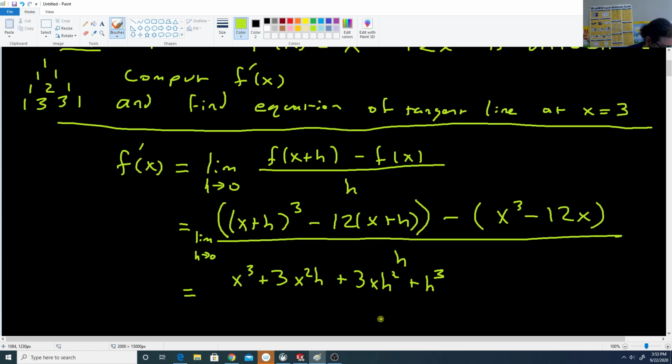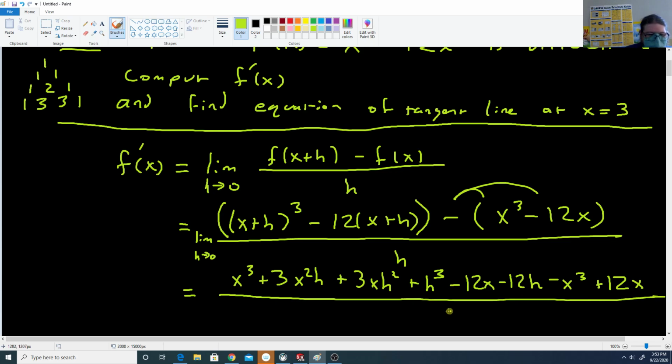That should be a quick little shorthand way we can use this to generate the binomial expansion for a cube. Then we get minus 12x minus 12h. We'll distribute this and get minus x cubed plus 12x.